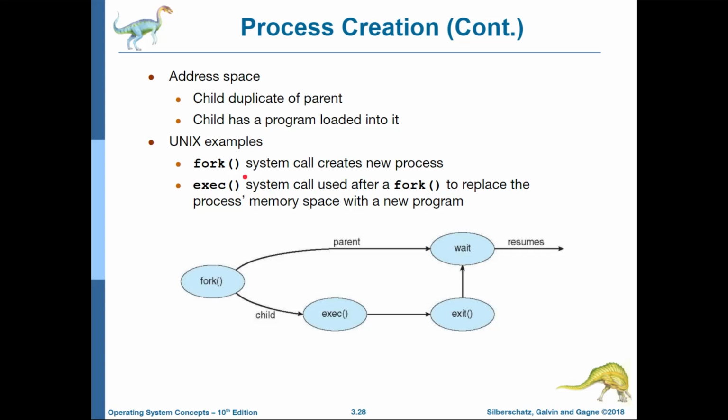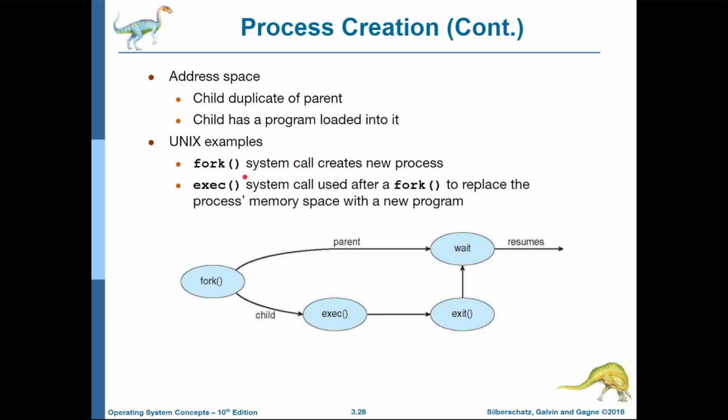Those process control blocks share many similar attributes, such as the registers, including the program counter. They're copied between process control blocks, as well as the memory location. Those are pretty much identical. The child is an identical copy of the parent's memory. Open file handles are also copied from the parent to the child. The only thing that should be unique between parent and child is its process ID.